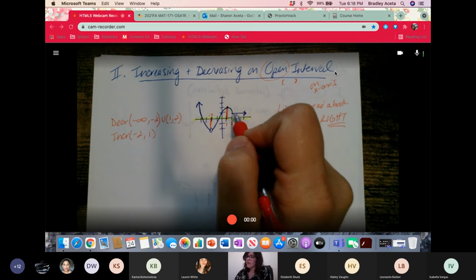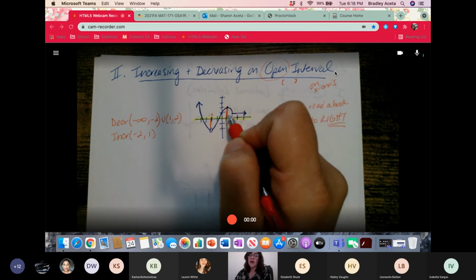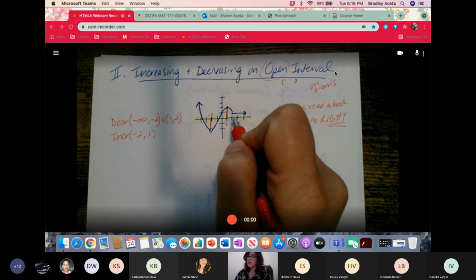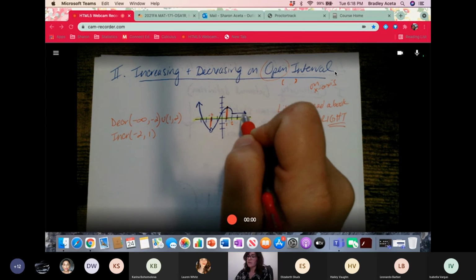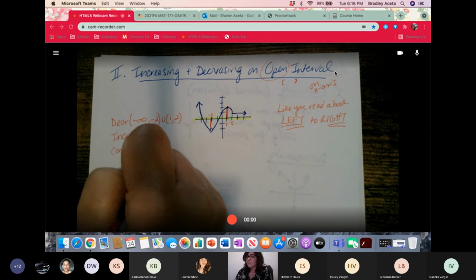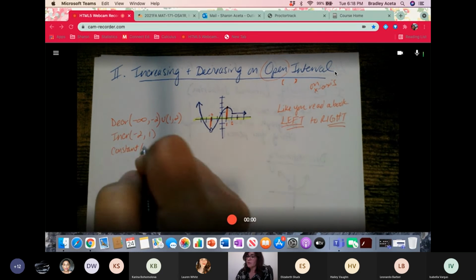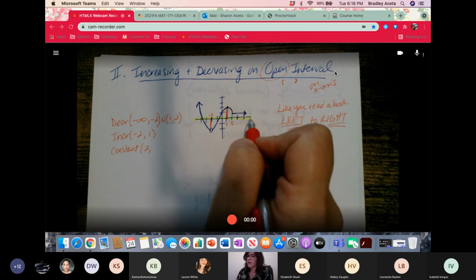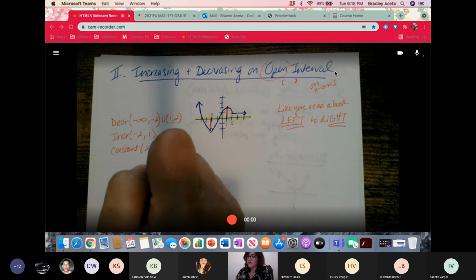And then what happens after that? Looks like I'm straight. I'm constant. I am constant the entire time along the x-axis after the point 2. So I am constant from 2 on the x-axis all the way to the positive side.